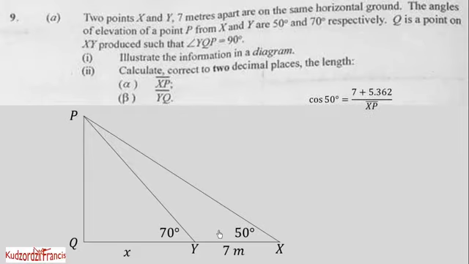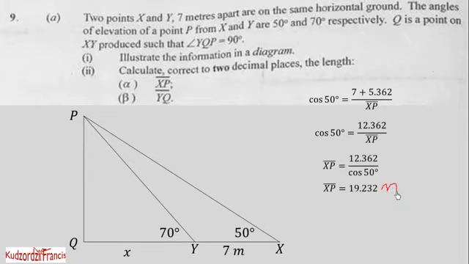So cos 50 degrees will be equal to adjacent, from this side to this side, 7 plus 5.32 over XP, which is the hypotenuse. So that will give us 12.362 over XP, and swap XP and cos 50, and that will give you 19.232 meters.